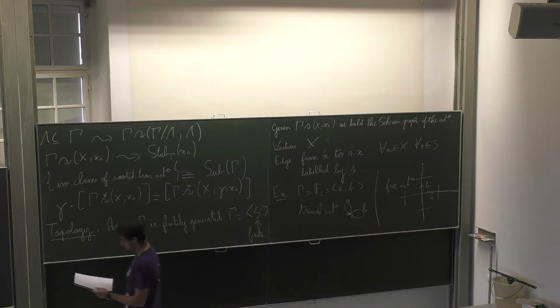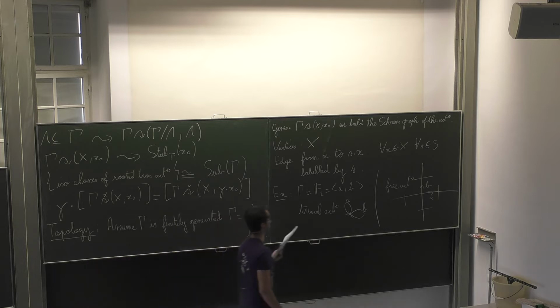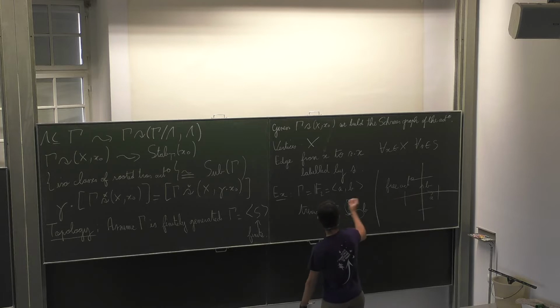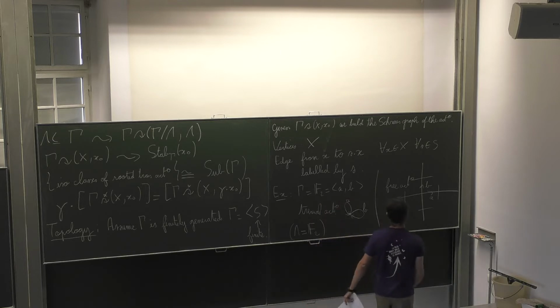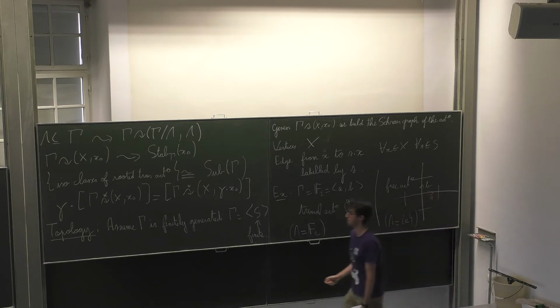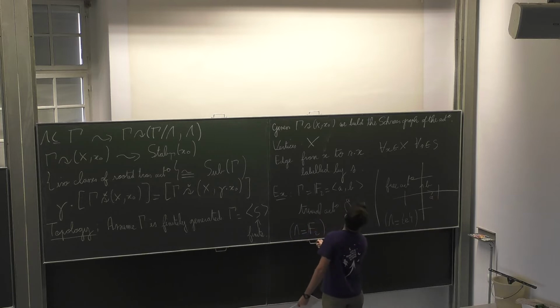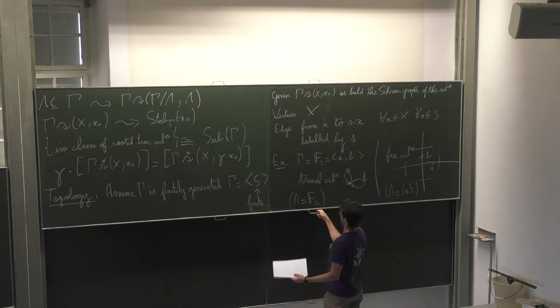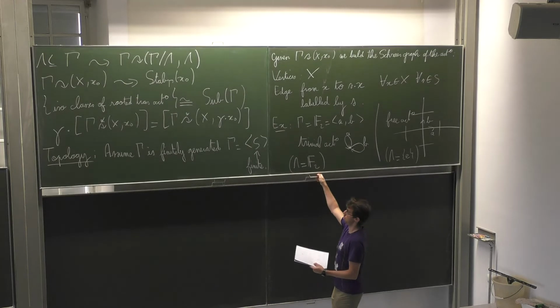Let me just mention that the two examples that I have given correspond to the following subgroups. Here, my lambda is the whole free group, and for the free action, the stabilizer group is just the trivial group. And in this talk, I will be interested in a kind of opposite situation.